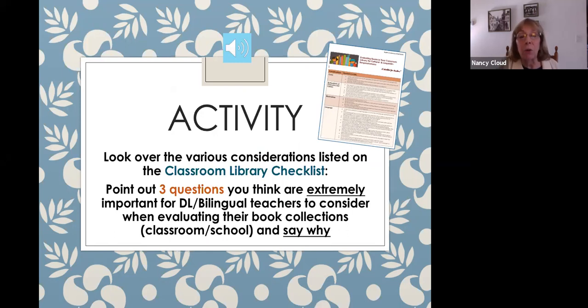I want you to look over the various considerations on this checklist. There's lots of little questions asked here on the right, but they're in categories of things you should be noticing about books. And I would like you to find 3 questions over here that you think are extremely important, more important than some of the others on the list, but I want you to be able to say why.